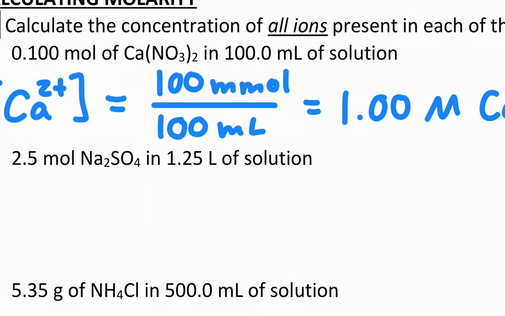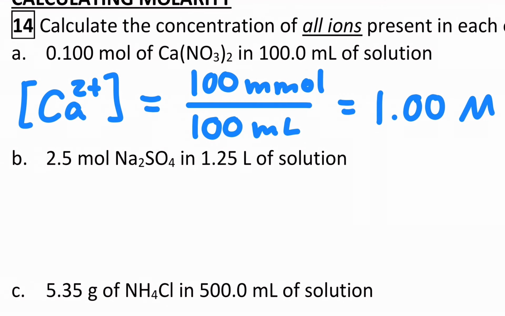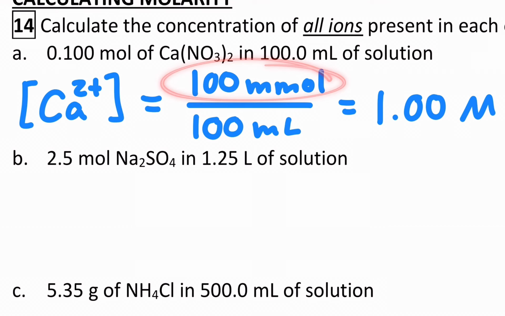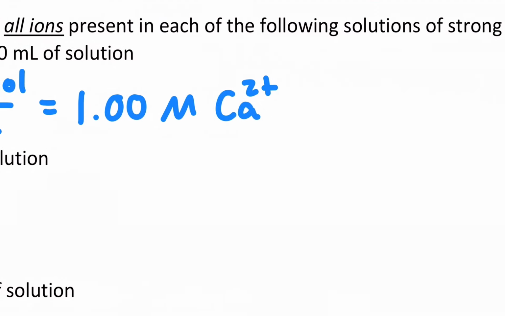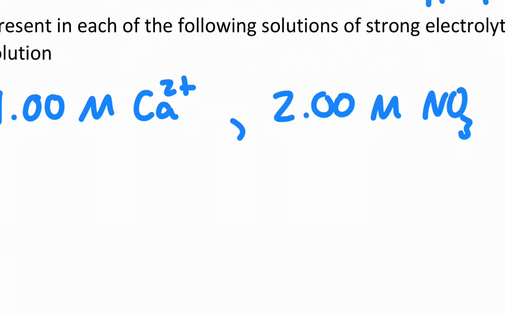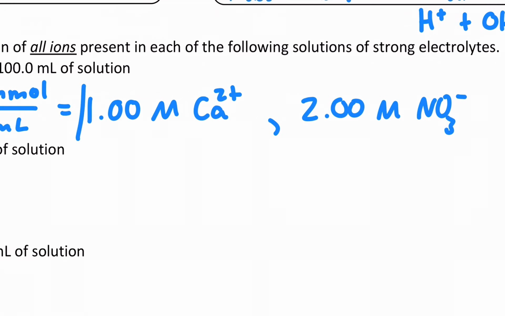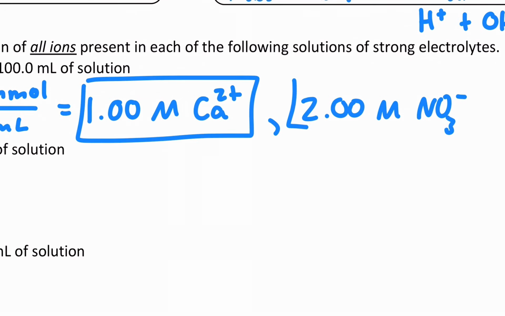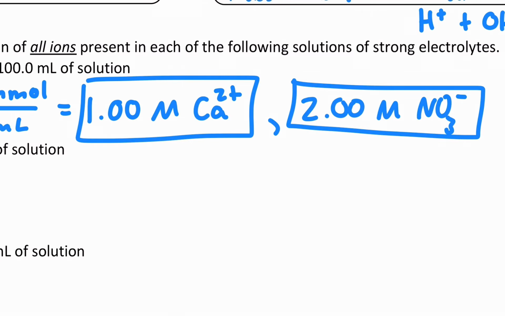And I know there's only 1 calcium in the formula, so my molarity, my moles of calcium, is how many moles of calcium nitrate I have. The nitrate has 2, so the nitrate concentration would be double this. So I'm just going to write 2.00 molar nitrate ion. Because when it dissociates, you'll get a 1-to-2 ratio of calcium and nitrate ions.